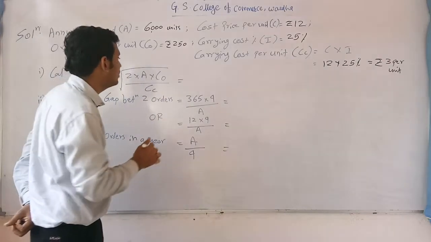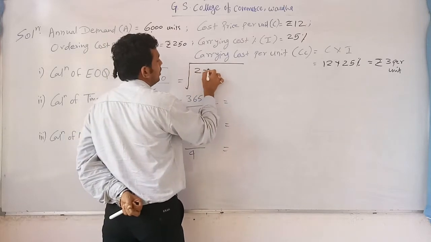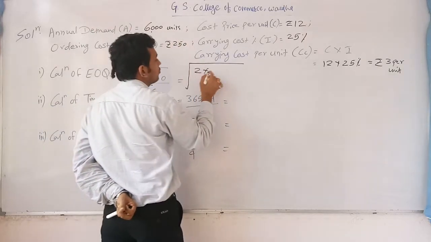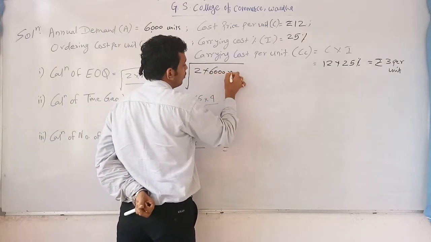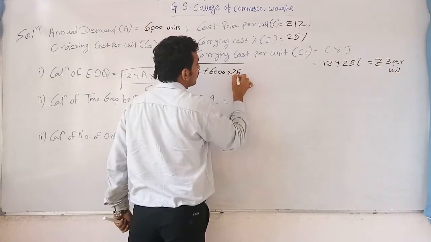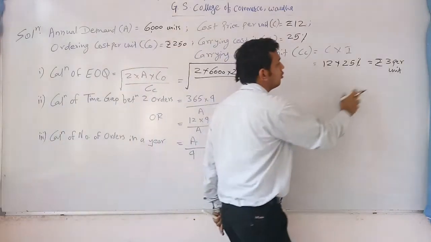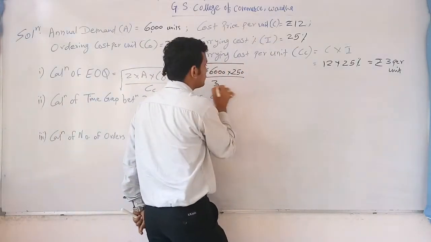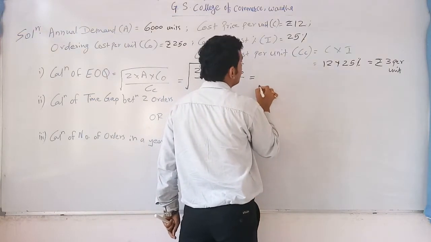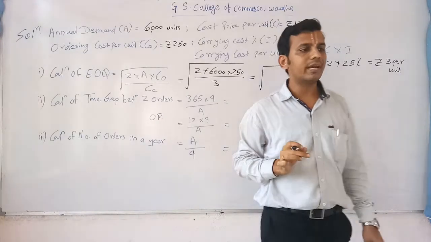We will fill in the values in the formula. Twice multiplied by annual demand A, which was 6,000 units, multiplied by ordering cost ₹250, divided by carrying cost. Here we have to take per unit carrying cost, that is ₹3.